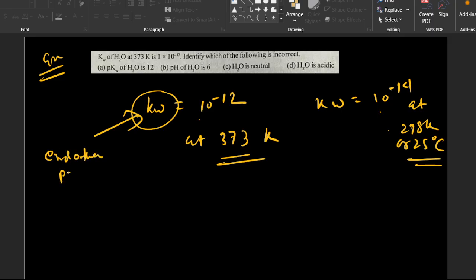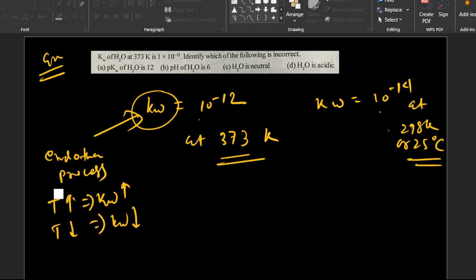For an endothermic process, if temperature increases, then Kw increases, and if temperature decreases, then Kw decreases. So if you increase temperature, then Kw will increase.